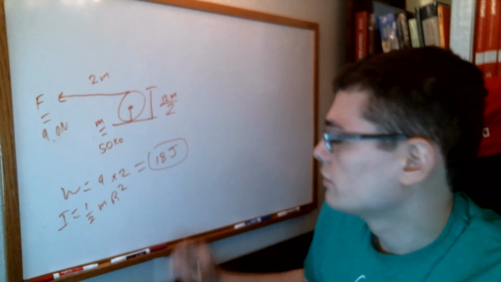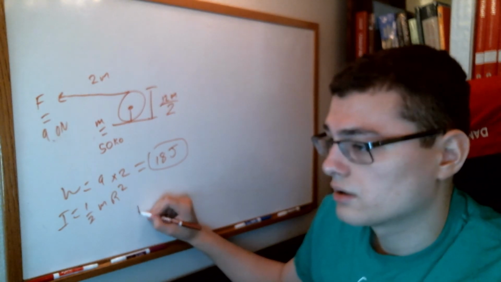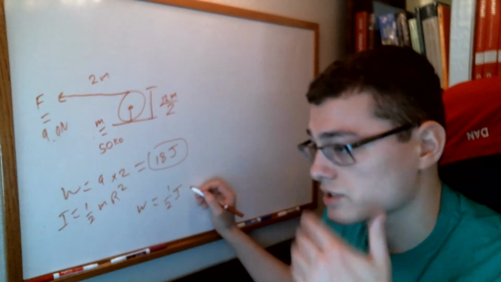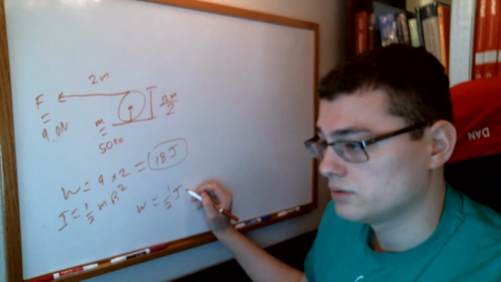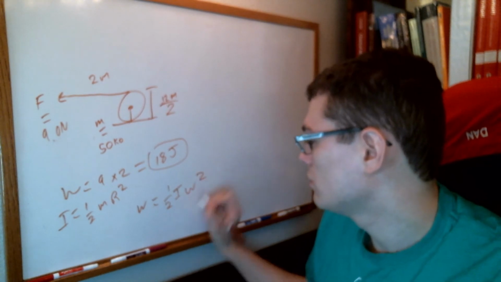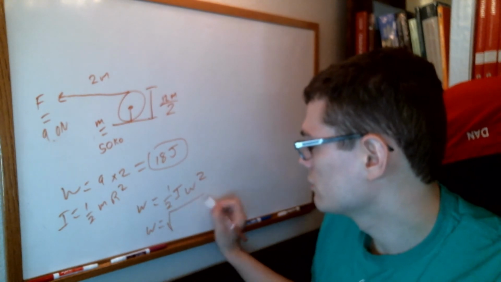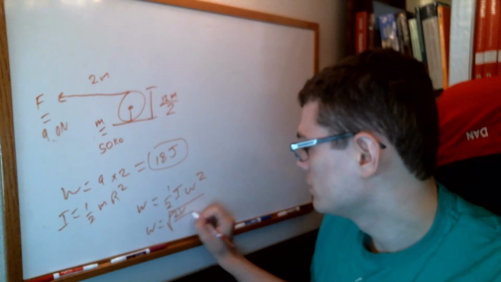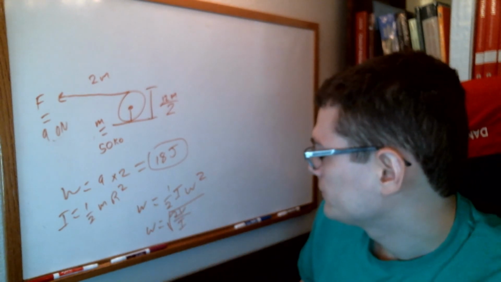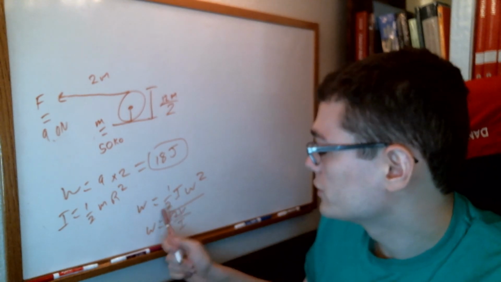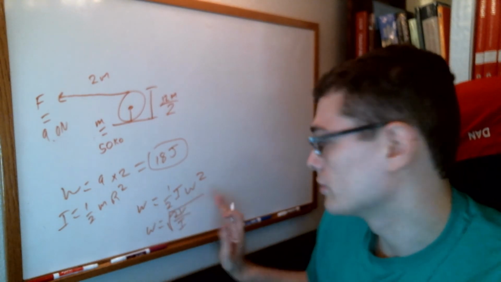So in order to find omega, we have to say that W is going to be equal to 1/2 I omega squared. I'm just going to write out what I just said, basically. And so omega is going to be equal to the square root of 2W over I. We multiply I to the other side, we multiply 2 to the other side, divide by I, take the square root.